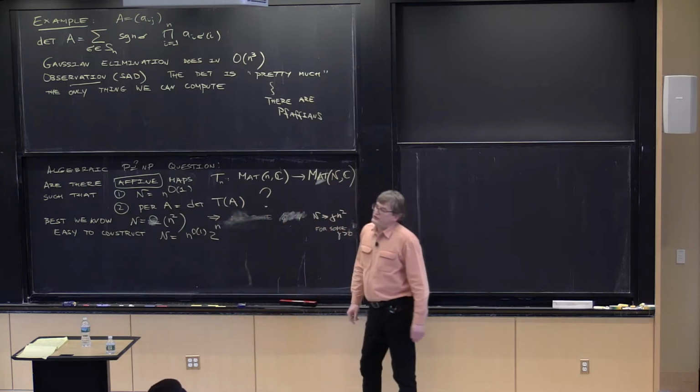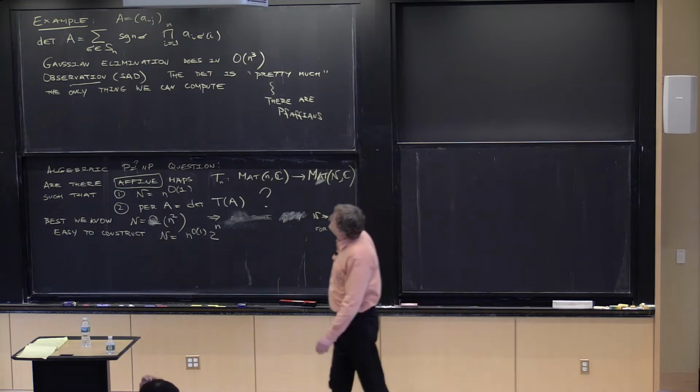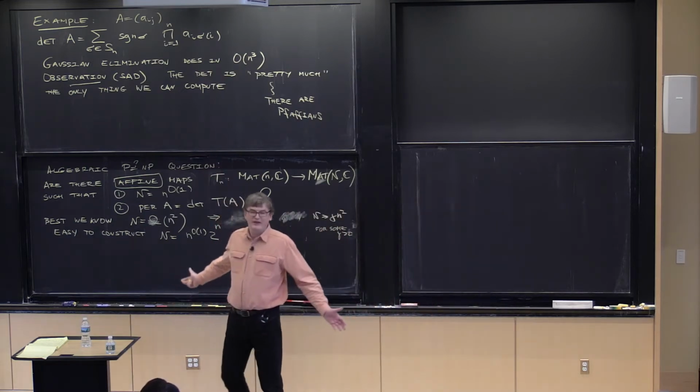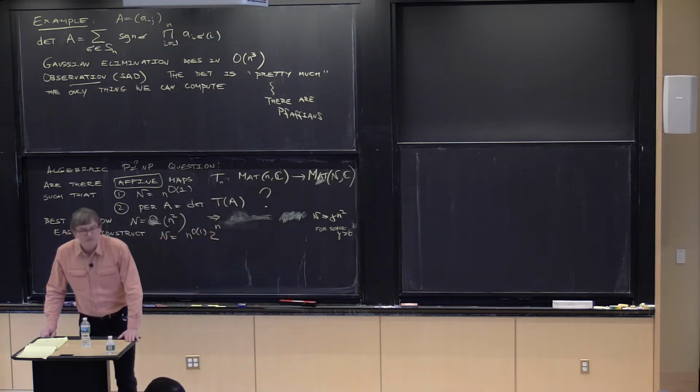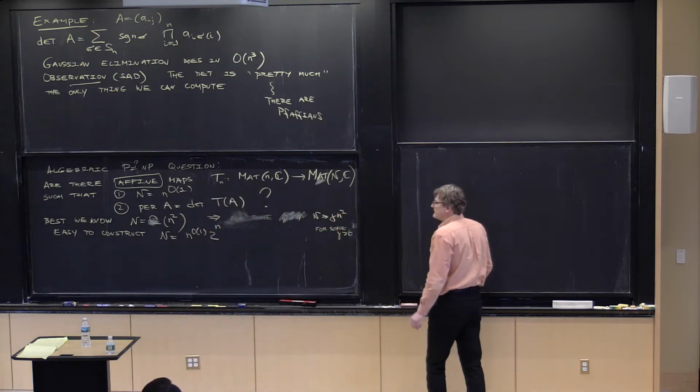So the situation, therefore, with exact computation is pretty dire. We cannot do anything, well, other than determinant. We cannot prove anything either, right? So that we don't like. And therefore, we ask about approximate computation.